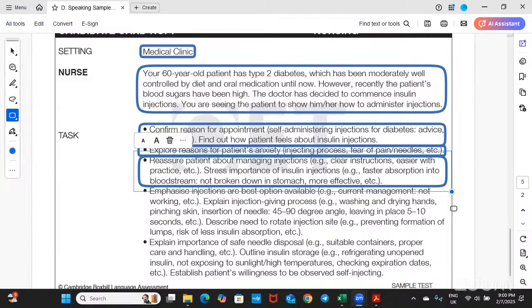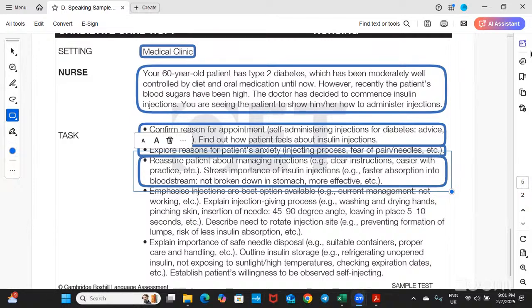Insulin injections are very important. You know the reason why? Do you know the reason? I'm going to explain it to you now. Your body's condition is not going to be managed efficiently anymore from now onwards with the oral medication.